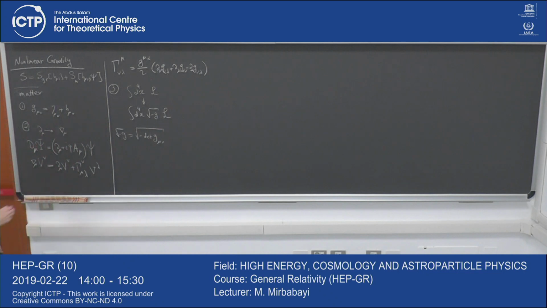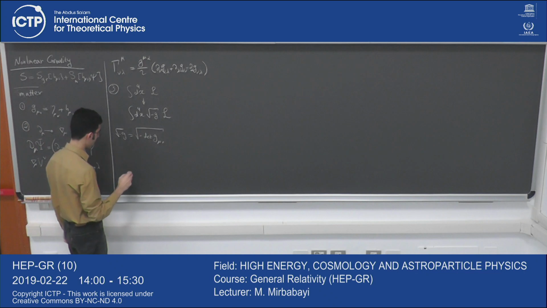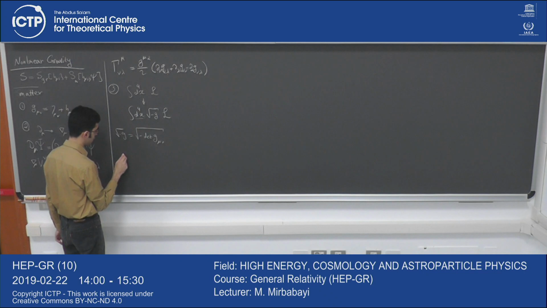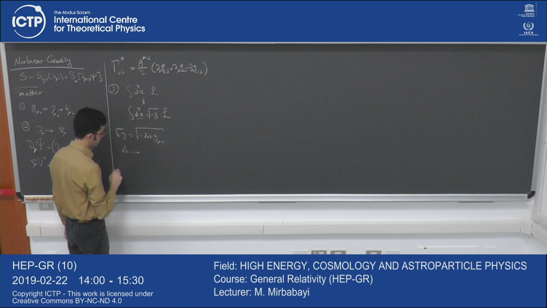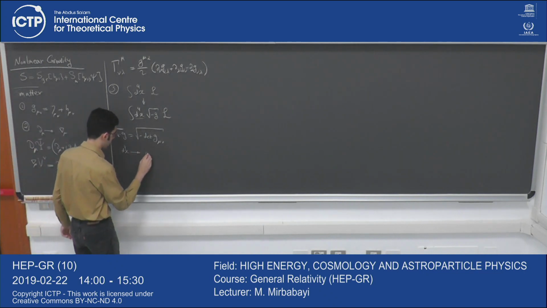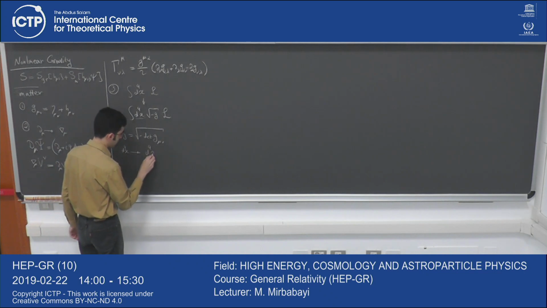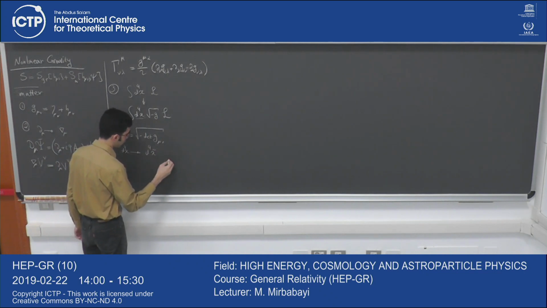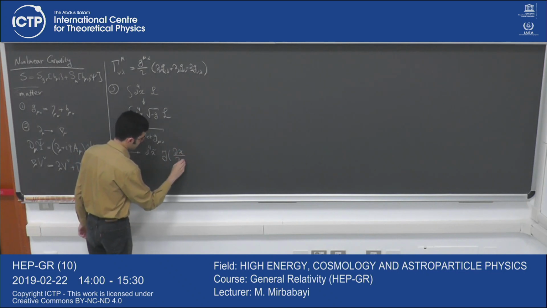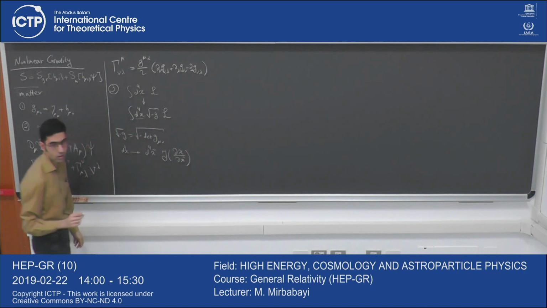Now, why is this measure invariant? Let's see how this d4x transforms. When we do a coordinate transformation, this d4x has to go into d4x tilde times the Jacobian of dx tilde, where the Jacobian is just a determinant.